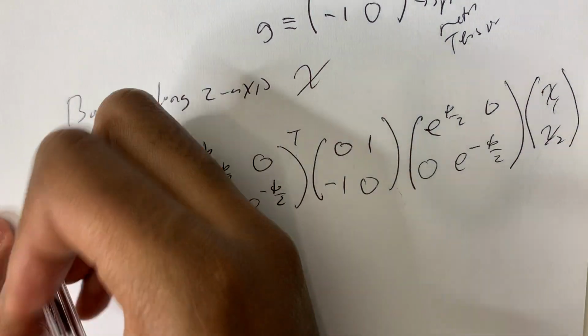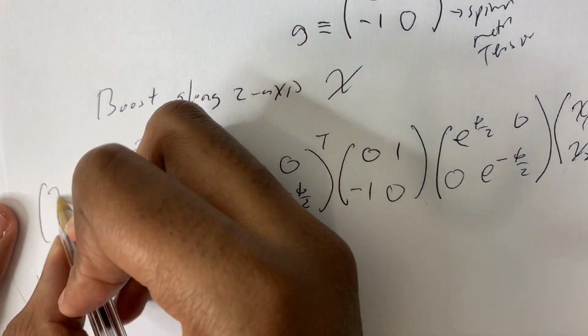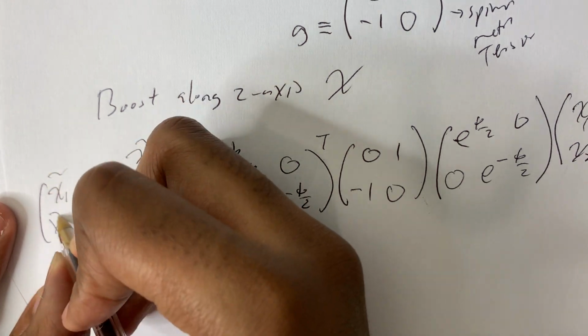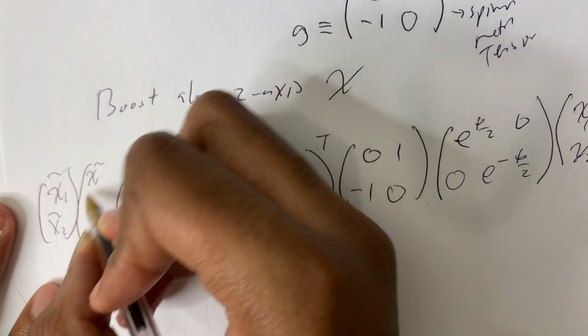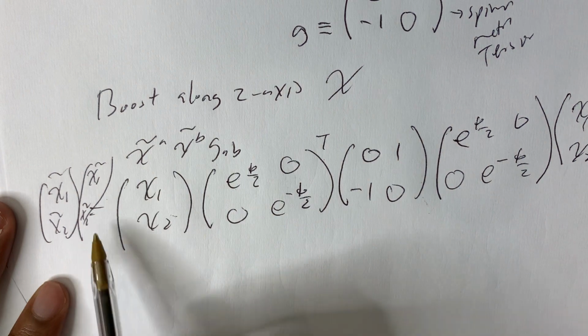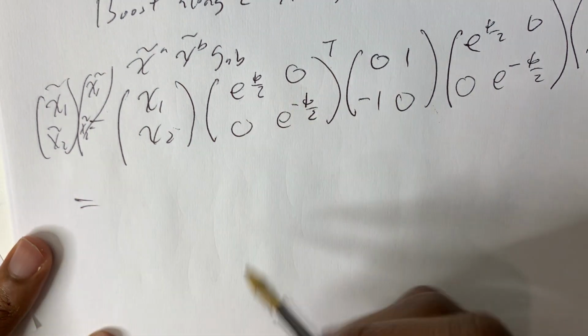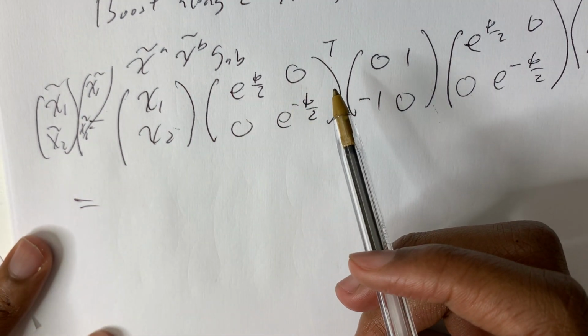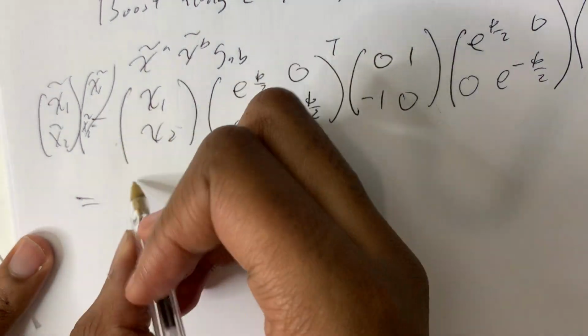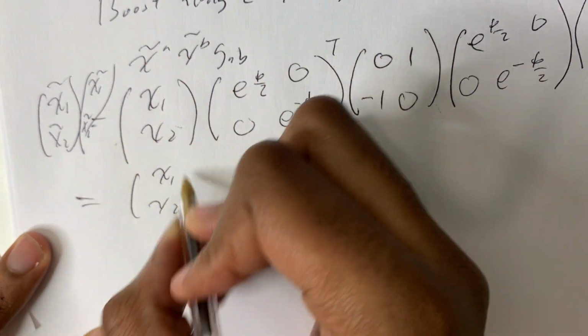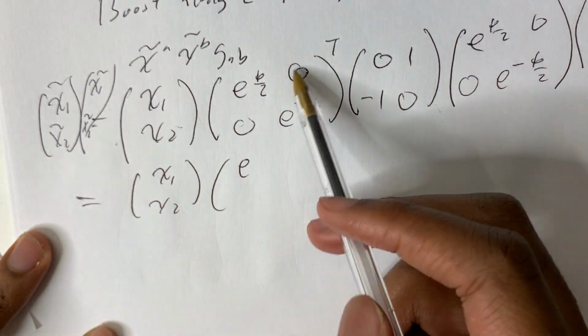And this is going to give us, again, x1 tilde, x2 tilde dotted with x1 tilde, x2 tilde, by the way. Now this transpose is going to be the same thing, since these are zeros.